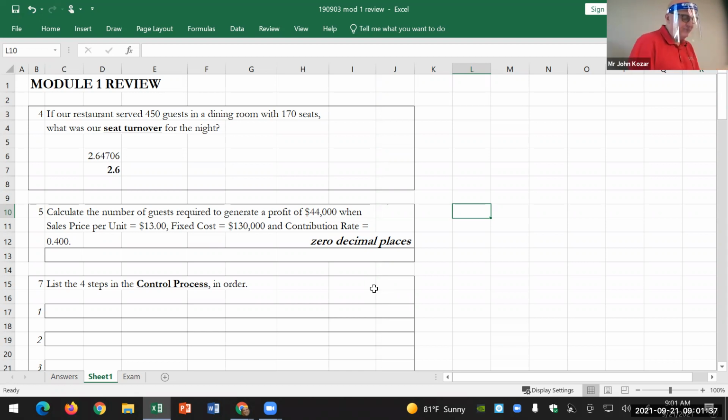Okay, so we want to know the number of guests. So we're going to add fixed cost plus profit, but then we have to use the average contribution margin that we're going to divide that by. So we know the contribution rate, and we know the sales price per unit.